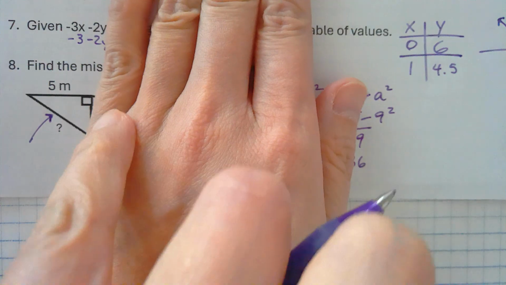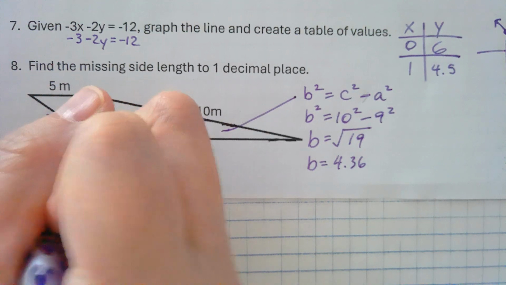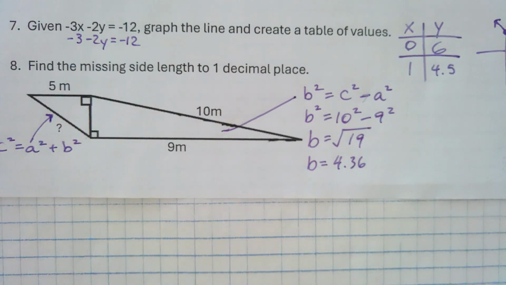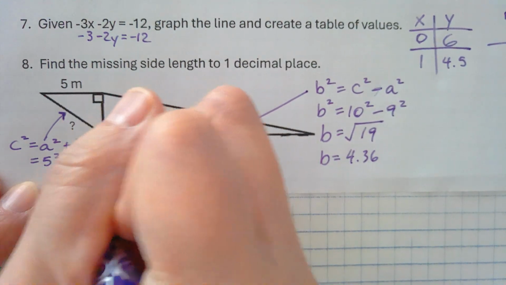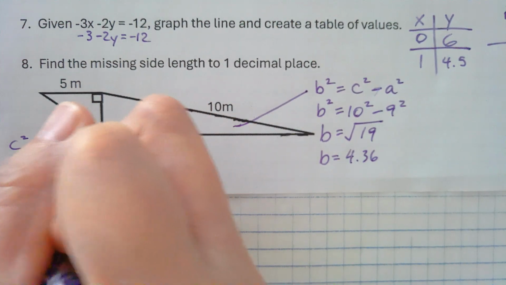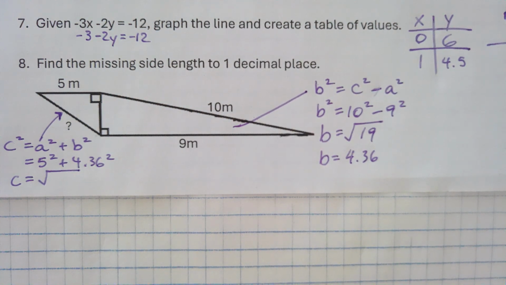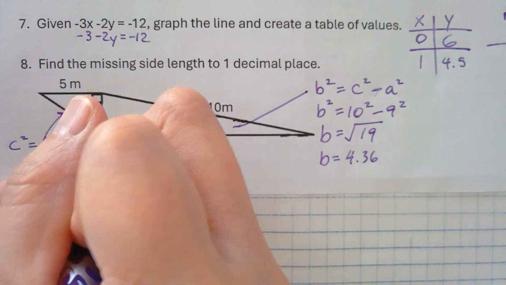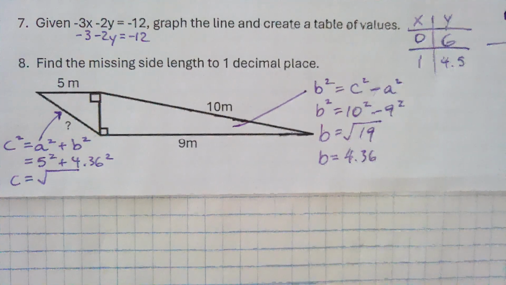And then now for this right angle triangle, on this side, I'm looking for the hypotenuse. So I'm going to do the adding one. So c squared equals a squared plus b squared. Okay, so 5 squared plus 4.36 squared, square rooted. So c equals the square root of 25 plus 4.36 times 4.36.